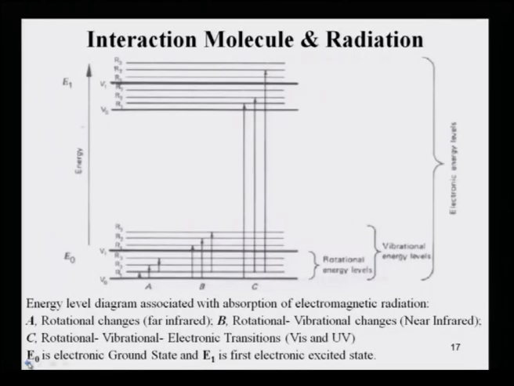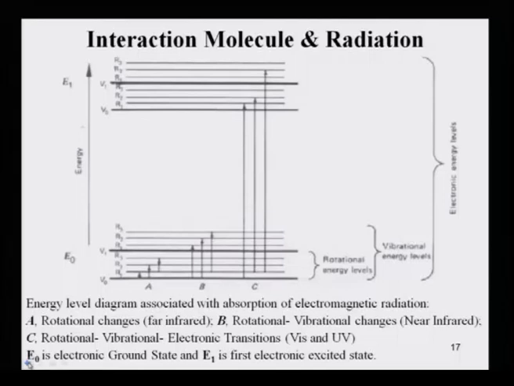When we look at the interactions of molecules with this radiation, it is very interesting to see that the energy levels can create different types of interaction. It can cause rotational energy levels, or vibrational energy levels, or finally electronic energy levels.